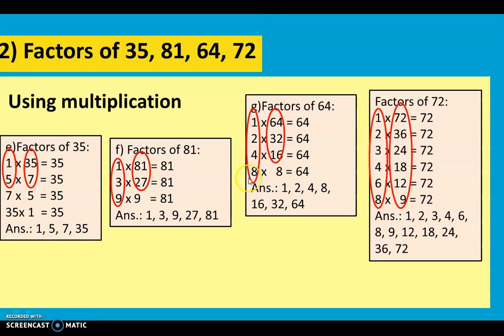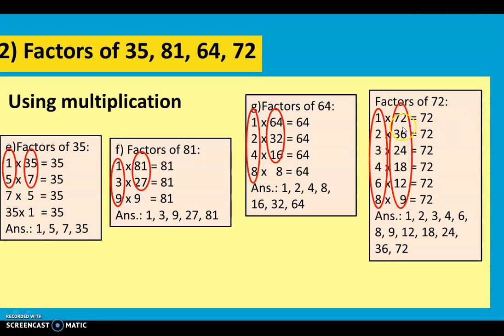Like this, it will come like this and it will go like this. It's like our alphabet U. You will have to take and write 1, 2, 4, 8, 16, 32 and 64.